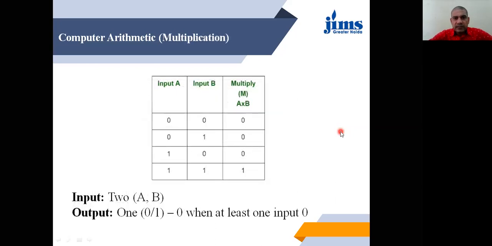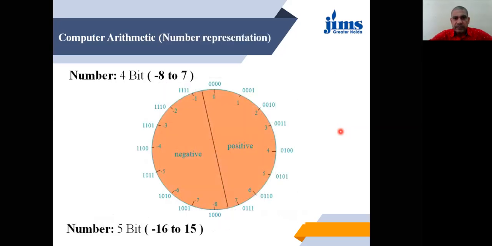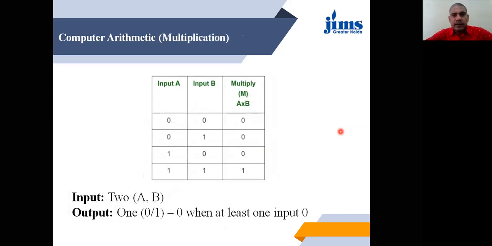So this is the case of computer arithmetic multiplication, and this is about the division. So let's see these two also, that when we have to perform the multiplication of two numbers, those are 0 and 0 in binary, then the value of multiplication is also 0.